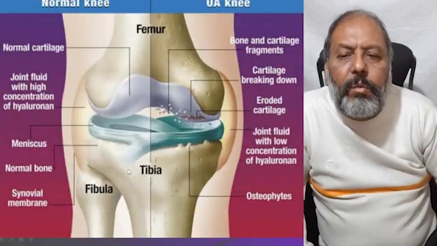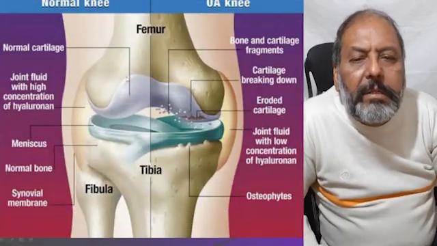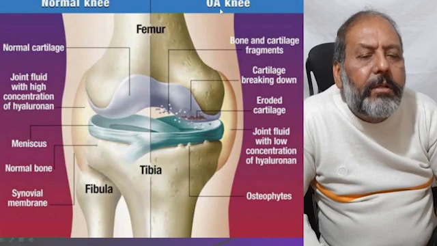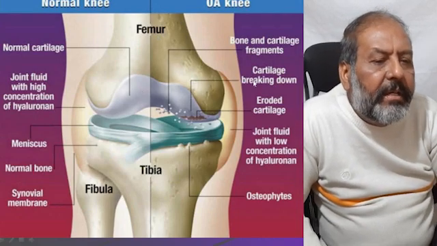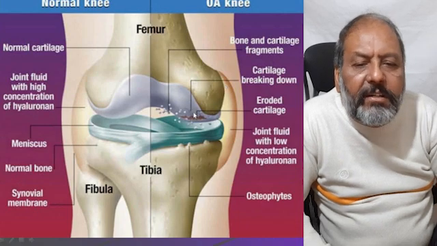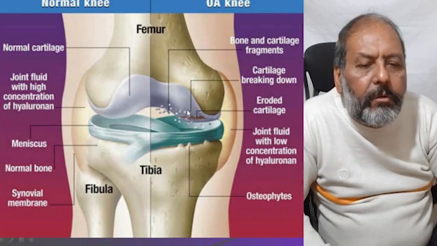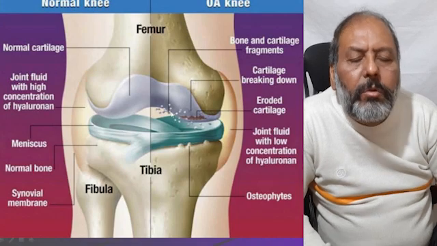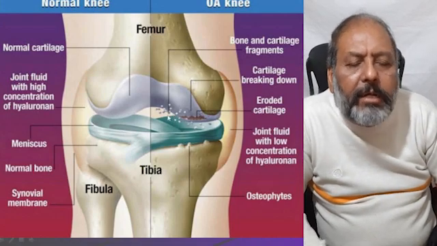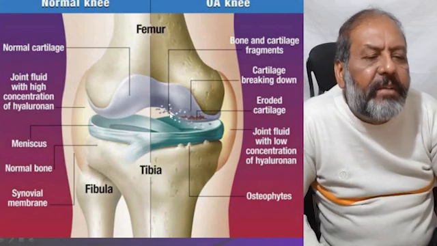As one can see, the normal knee and the osteoarthritis knee: the normal cartilage, and here one can see the cartilage is broken down, and bone and cartilage fragments fall into the joint cavity, causing inflammation.